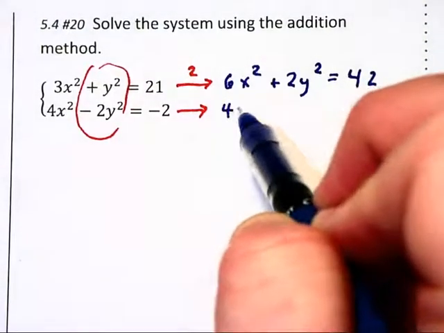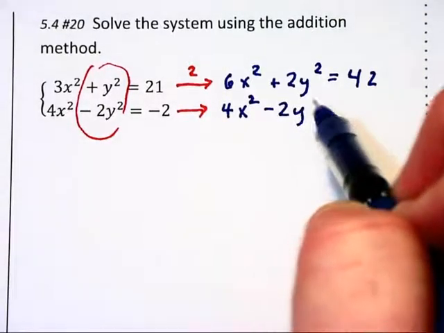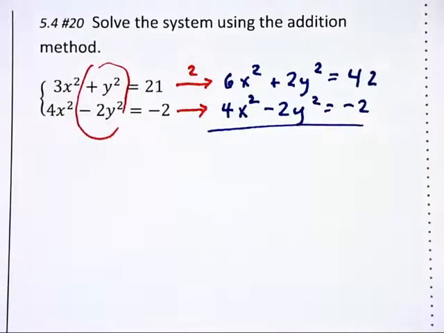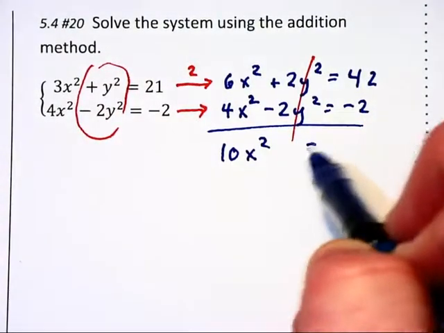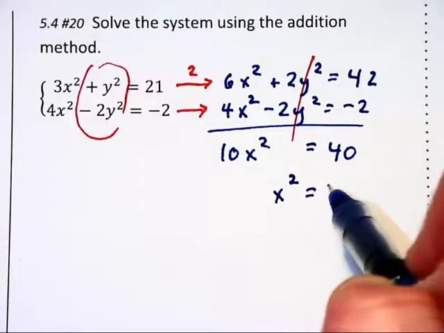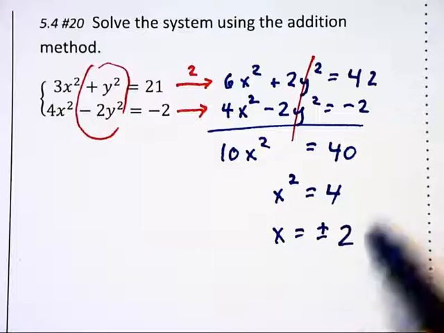And the second equation, just sliding it over, gives us 4x squared minus 2y squared equals negative 2. Adding down, those y's are eliminated. We now have 10x squared equals 40, meaning x squared is 4, and x will equal plus or minus 2.